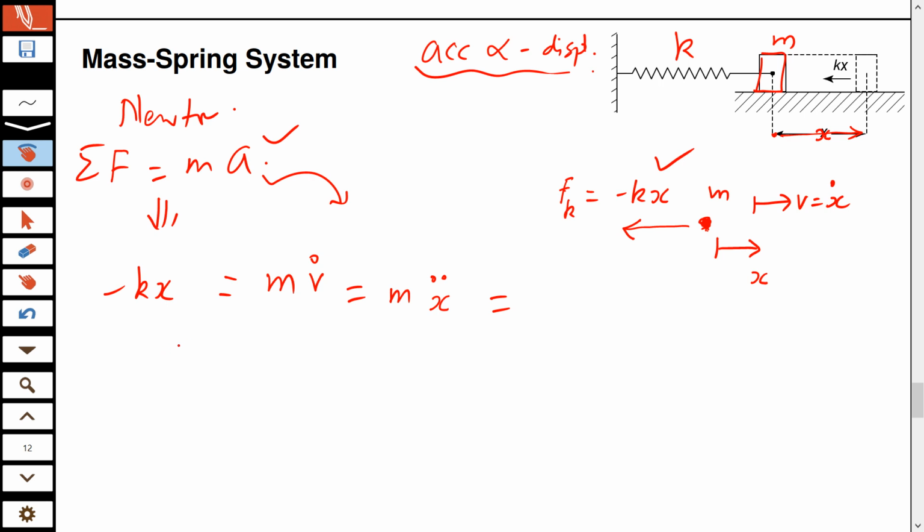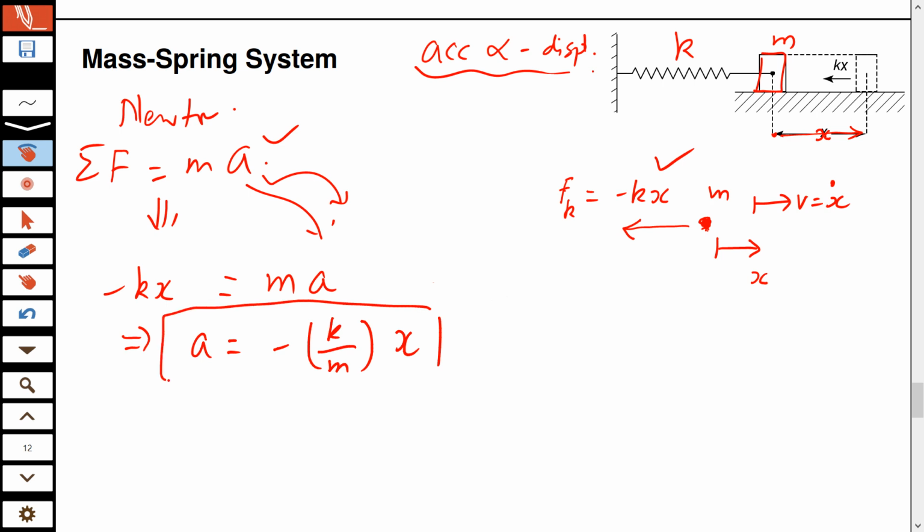Even if we don't write these expressions, even if we write this ma here, this already can be written as a equals minus k divided by m times x. So can you see that this is simple harmonic motion now?